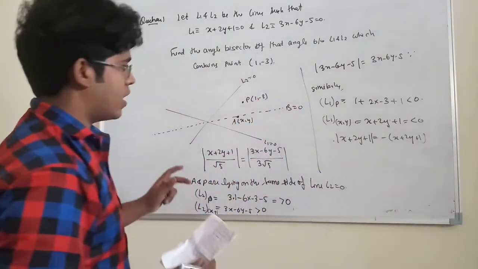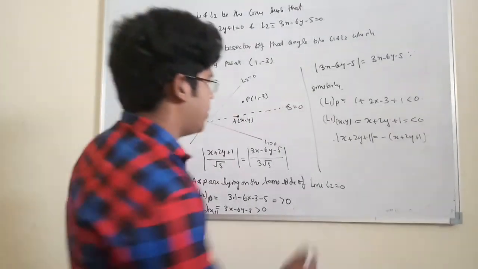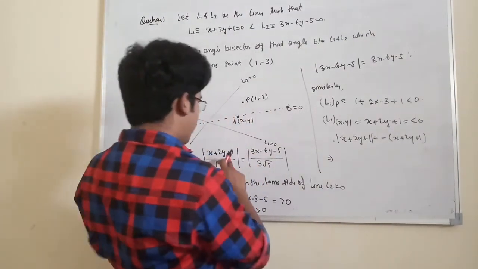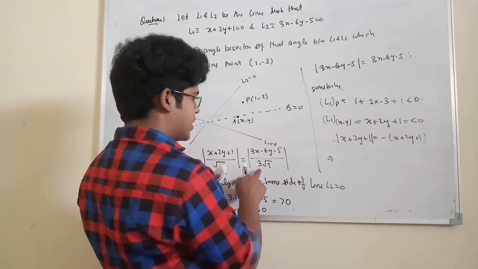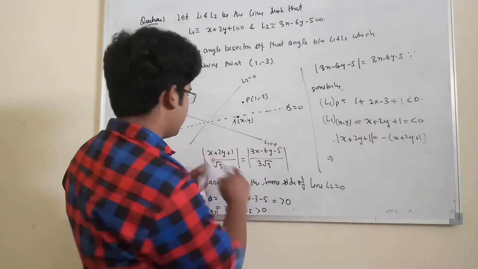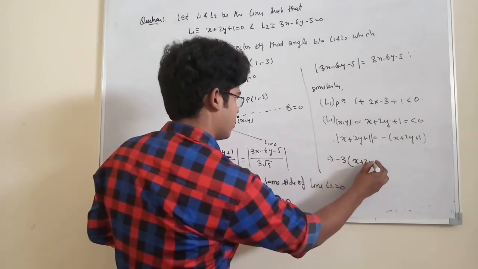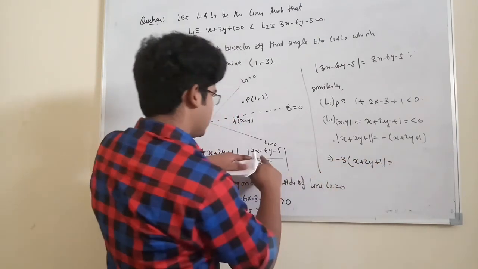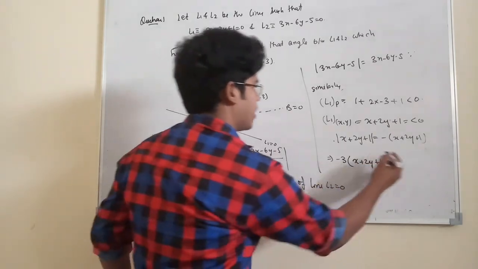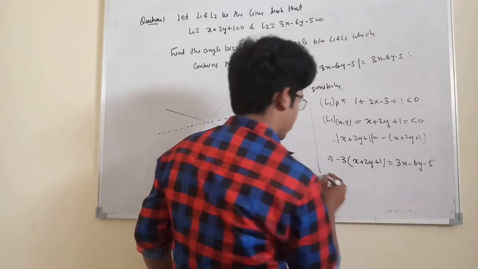Now we open this modulus, root 5 will be cancelled, it will be 3, and I cross multiply simultaneously. So it will become minus 3 into x plus 2y plus 1 is equal to 3x minus 6y minus 5. Let us solve it quickly.